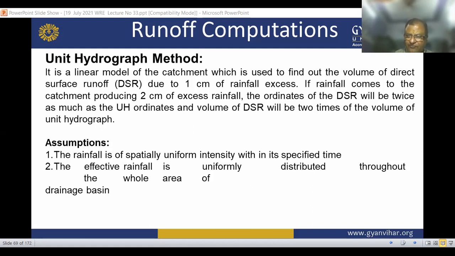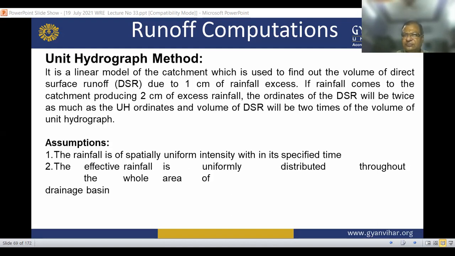The ordinate of DSR will be twice the ordinate of the unit hydrograph, and the volume of DSR will be twice the volume of the unit hydrograph.